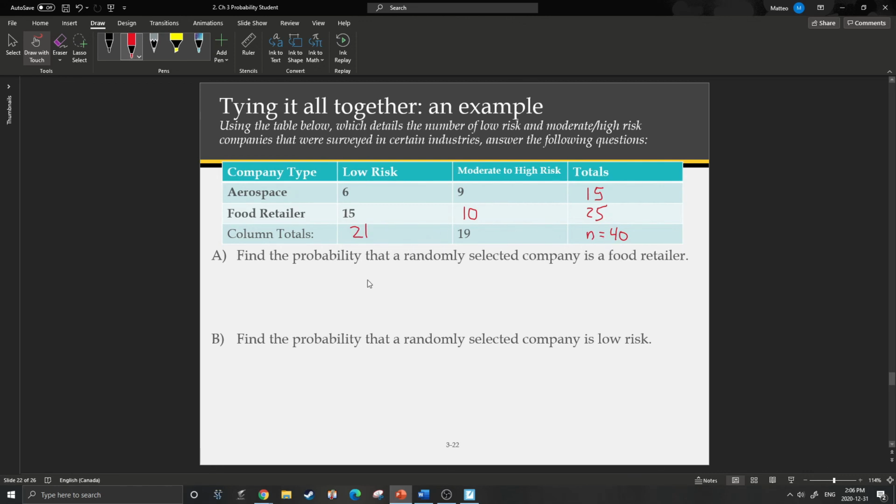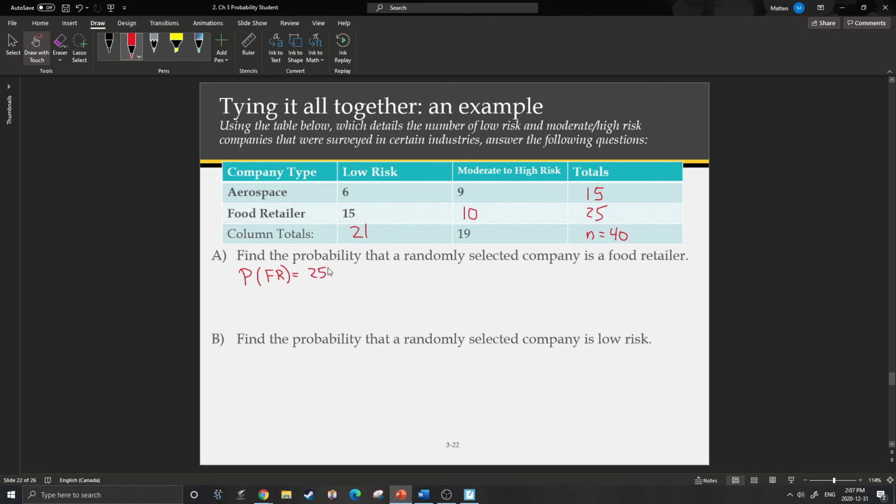So let's do some probabilities. Here we go. Find the probability that a randomly selected company is a food retailer. So I would write that as the probability of food retailer is equal to, well, how many food retailers were there? There's 25 out of the 40.